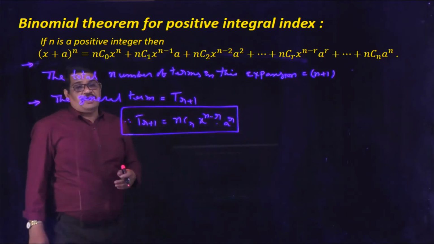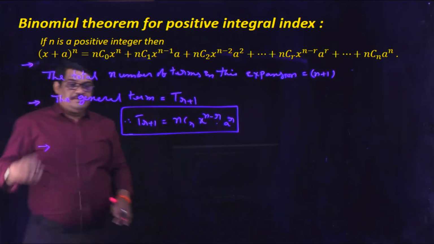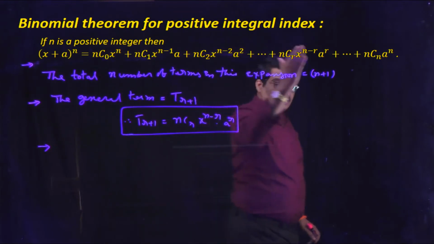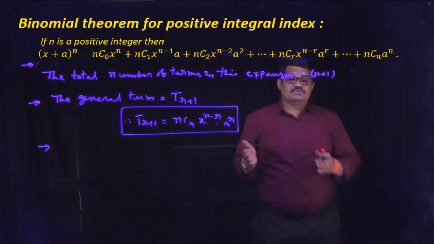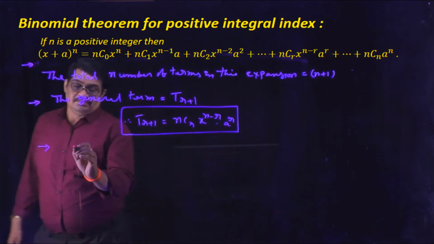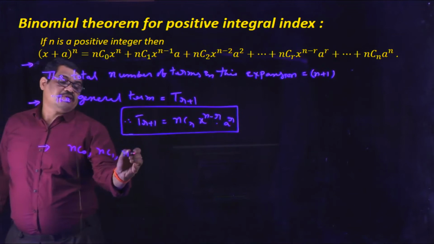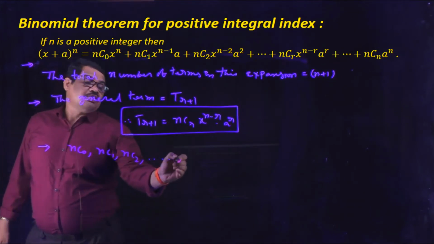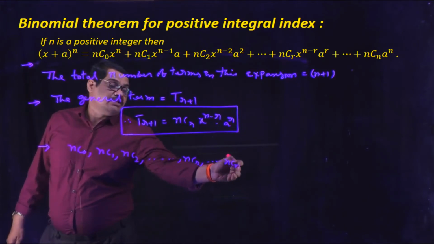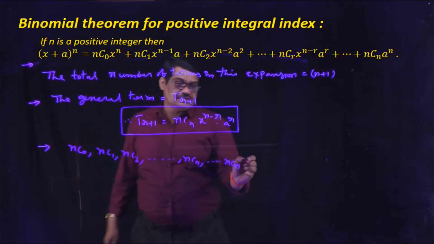The next point we observe: the coefficients nC0, nC1, nC2 and so on, nCr and so on, nCn are all called binomial coefficients.